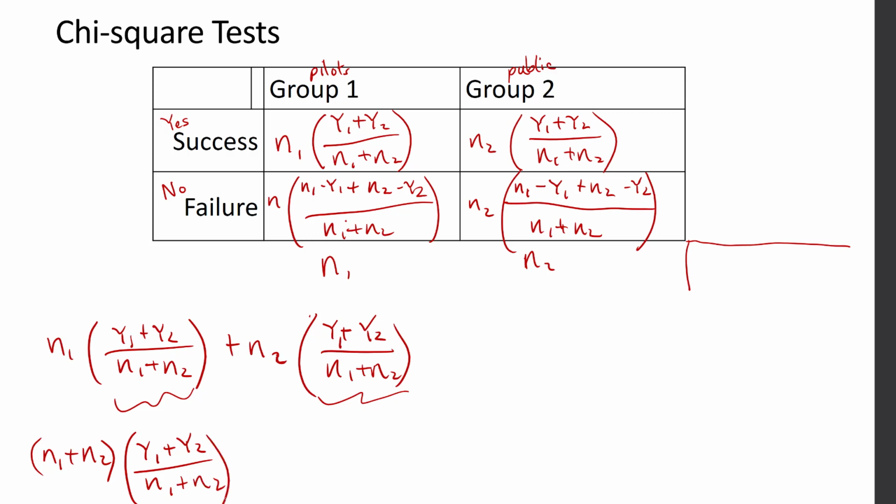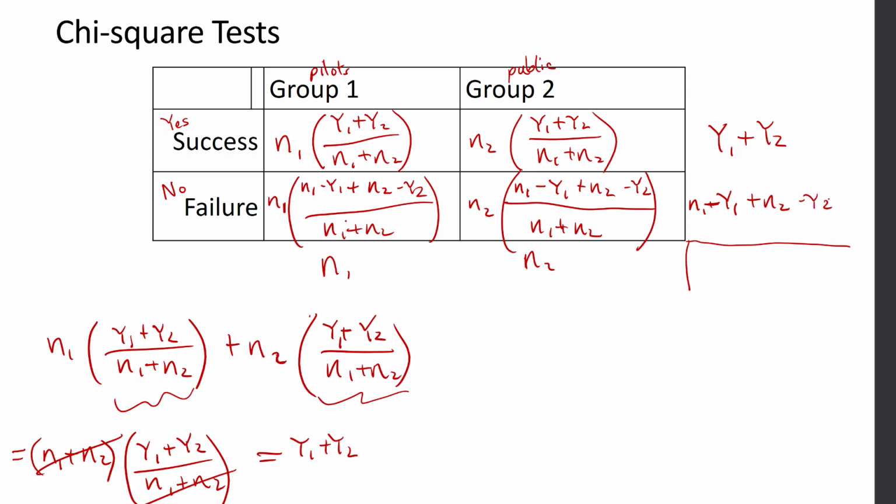And look what happens. N1 plus N2 cancels with N1 plus N2, and I'm left with Y1 plus Y2. And the same thing is going to happen down here on my expected number of failures. I'm going to end up getting N1 minus Y1 plus N2 minus Y2.